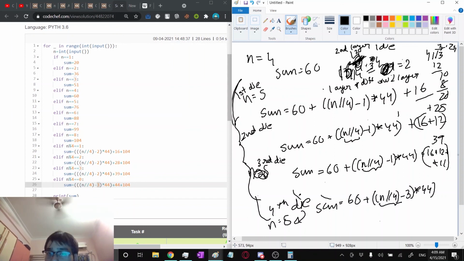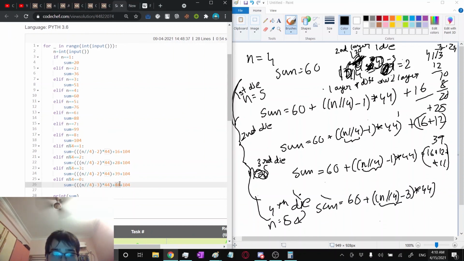For 14, it would come 3. But for 16, it comes 4 since it's a multiple of 4. So we do a minus 3 to it, since we are adding 44 over here itself. We could remove this 44 from here and add minus 2 over here so that our formula is consistent.